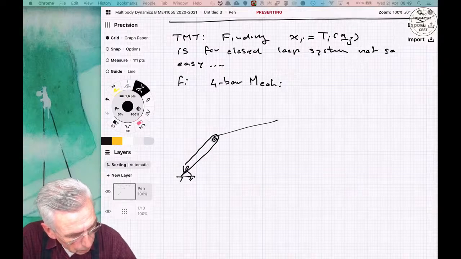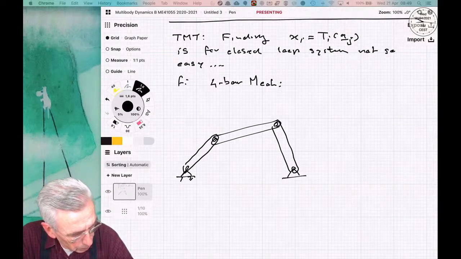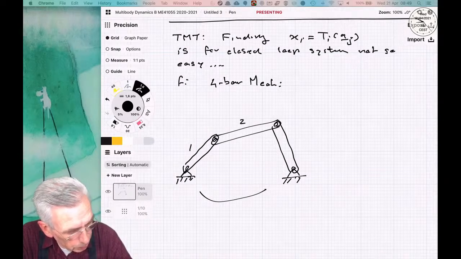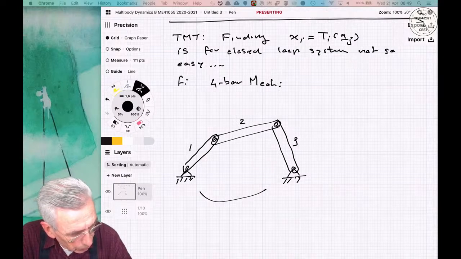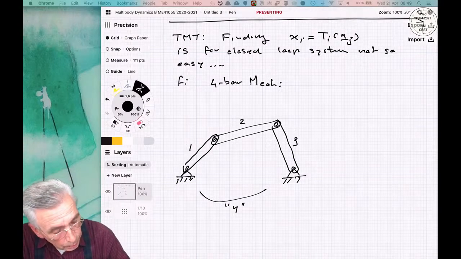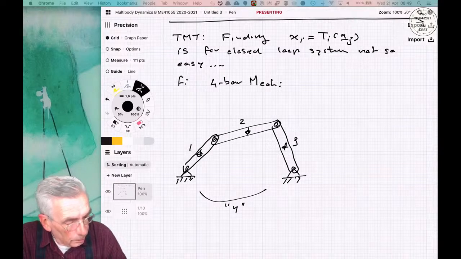Then we have a second one, like this one, third, and then of course this is number 4, right? The solid ground. So 1, 2, 3. You could say this is 4, but it's just the ground. Bodies have center of mass, right, and properties.